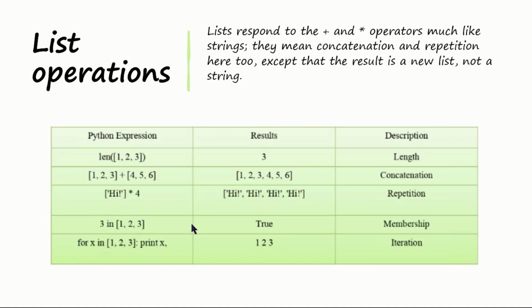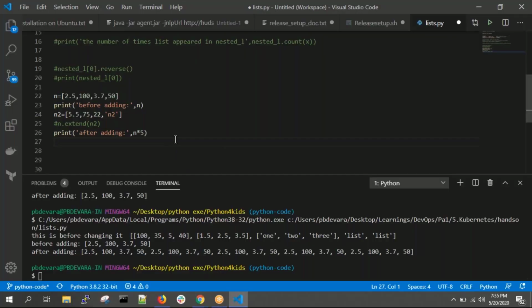And then we have membership. Membership is a Boolean operation. It either gives true or false. It's used to check if that value is there. Let's say I check whether 2.5 is present in n, and we'll get the confirmation.